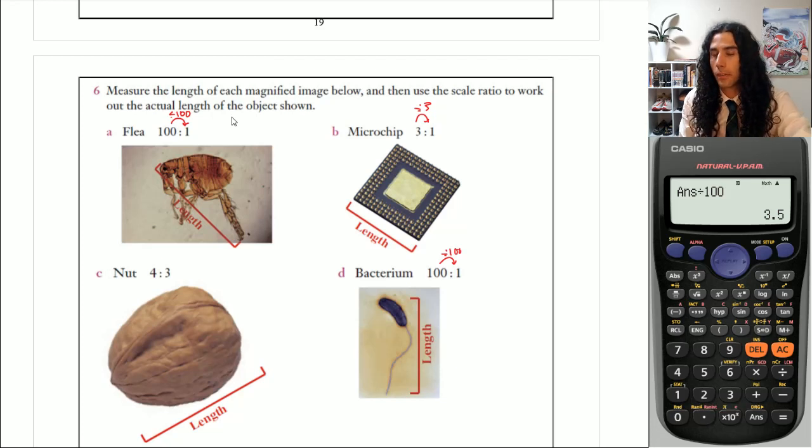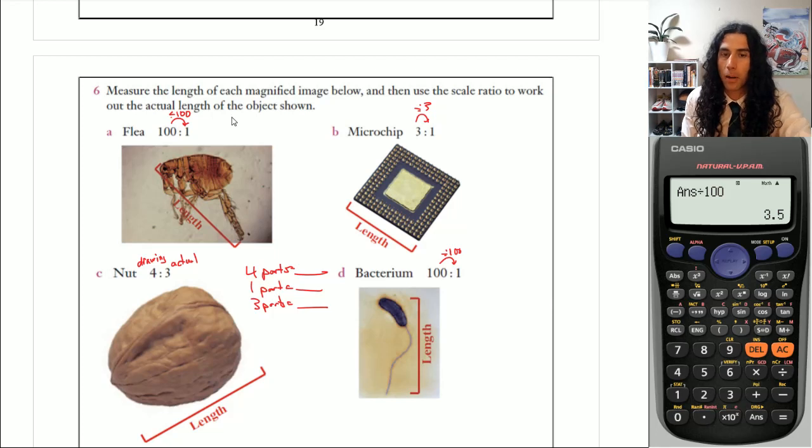So this one, a bit of a challenge, is to do it the method we've done so far. If the 4 is the drawing and 3 is the actual, 4 parts is equal to whatever you measure, so 1 part is equal to that divided by 4, and 3 parts is the actual.